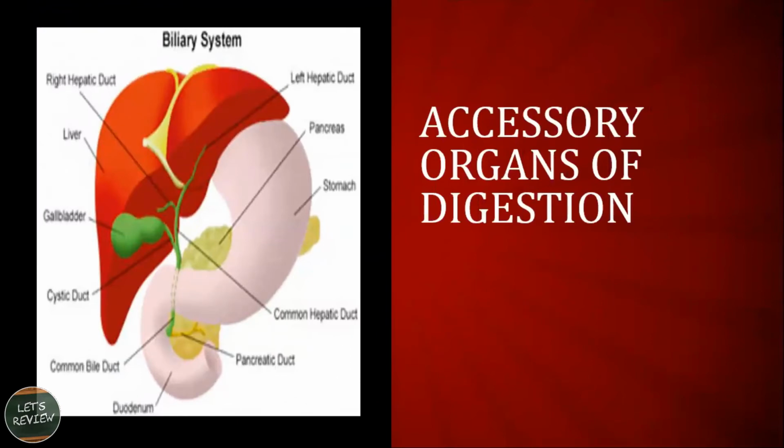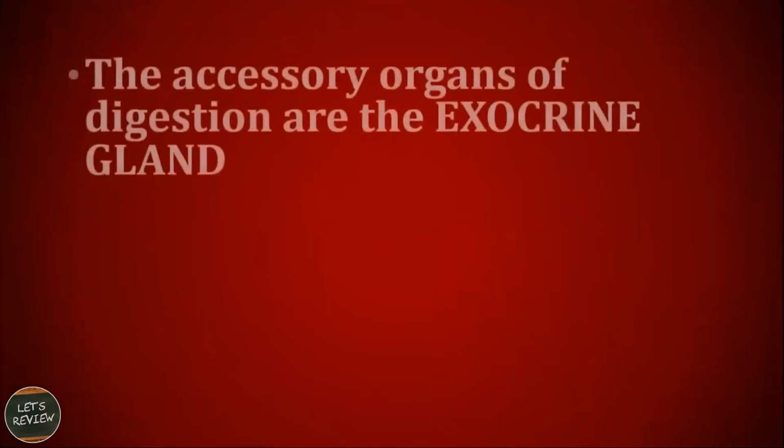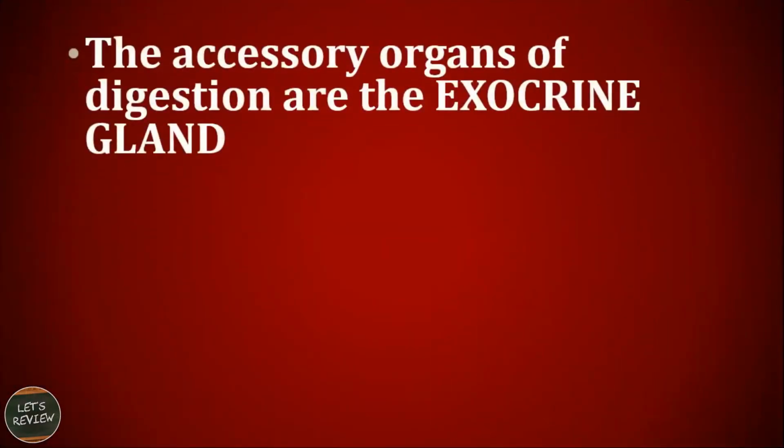In the digestive system, there are some accessory organs that help in digestion. These include the exocrine glands.